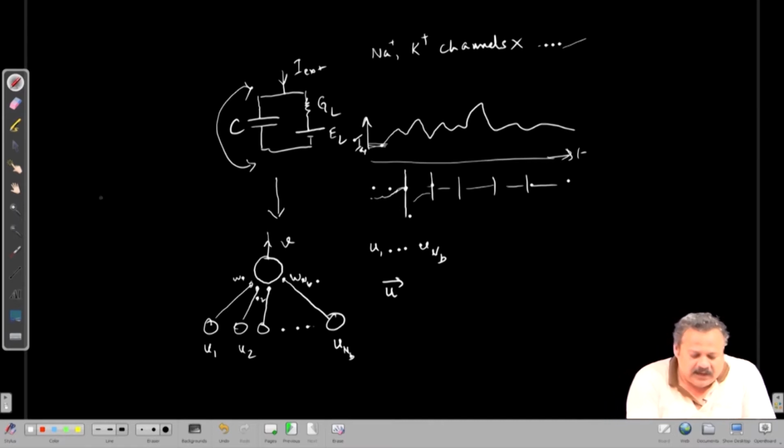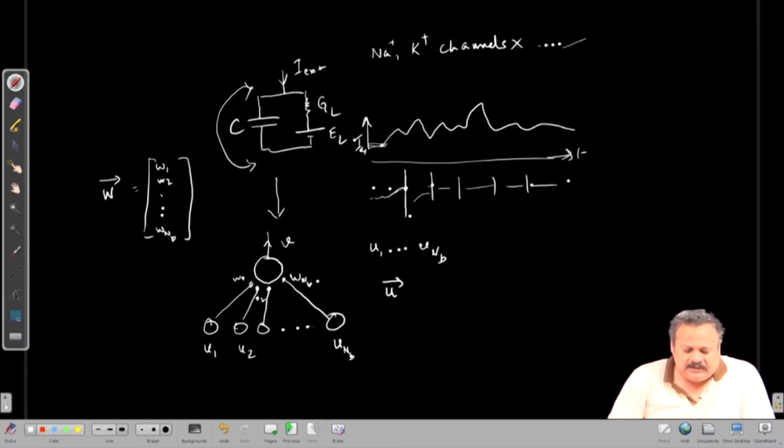Basically W is now a weight vector made up of the elements W1, W2 up to WNB, where NB is the number of inputs, and what we are representing by this W is the synaptic strength.